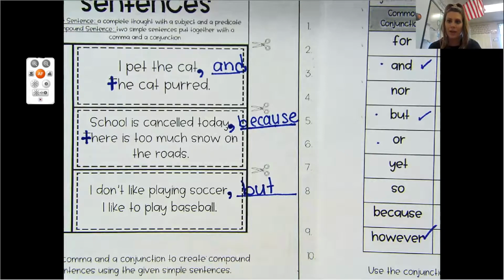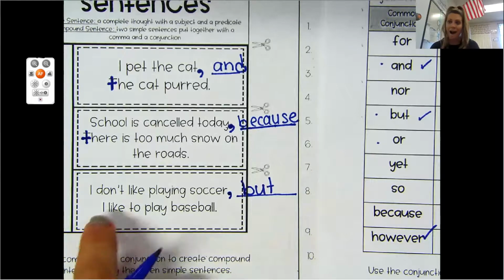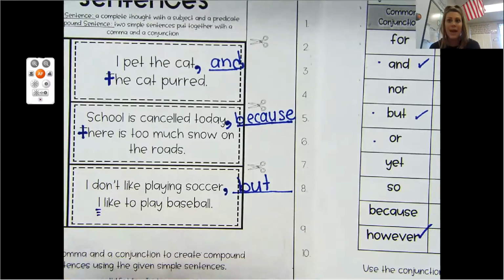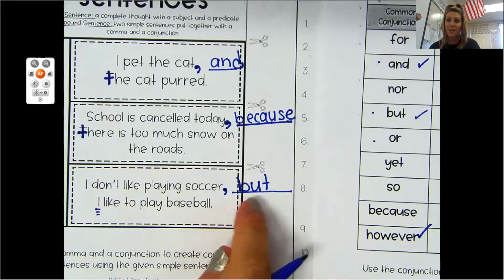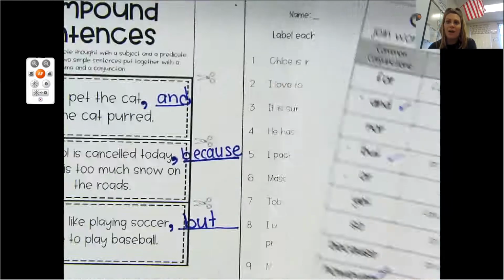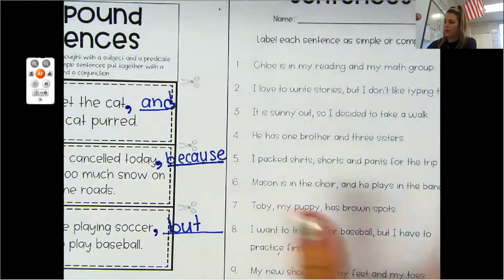Guys, I lied. There was only two things you had to do in this sentence because I by itself is always capitalized. So if you left that I alone and you just added your comma and your conjunction, celebrate right now. Good job.